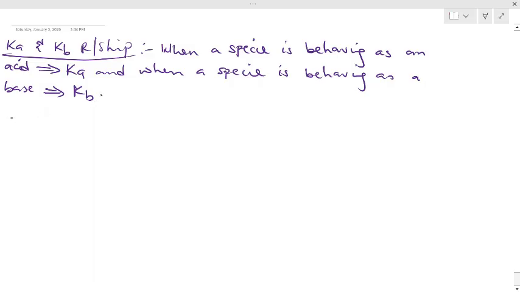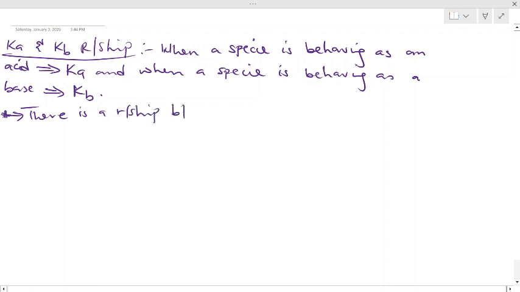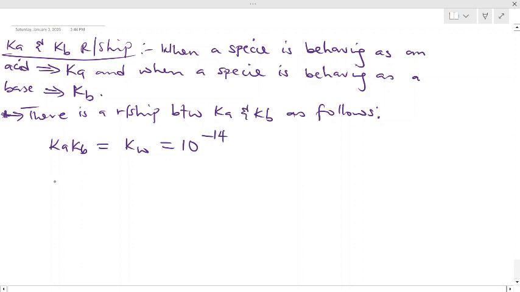Now, there is a relationship between Ka and Kb, as follows. Ka times Kb is equal to Kw, and that is equal to 10 raised to power minus 14.